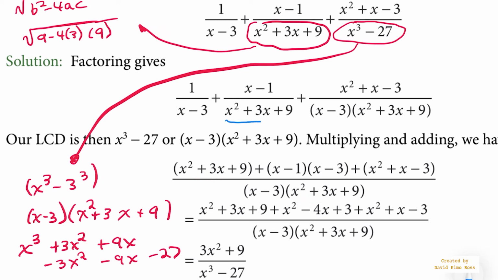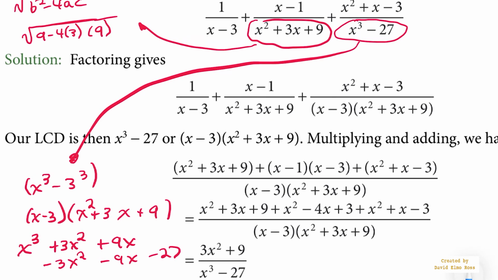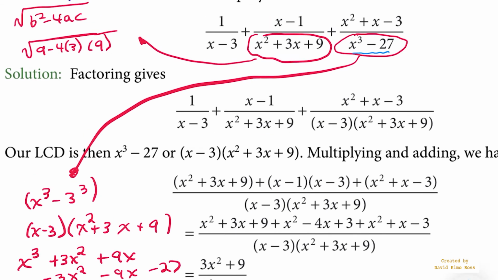For this one we have x squared plus 3x plus 9, so we just have to multiply the numerator, which is x minus 1, times the other factor, which is x minus 3. For the last one, x cubed minus 27 is really x minus 3 times that, which is the same as the two common factors or lowest common denominator, so we can just take this and write it down here as it is.